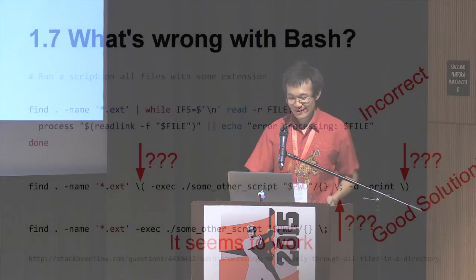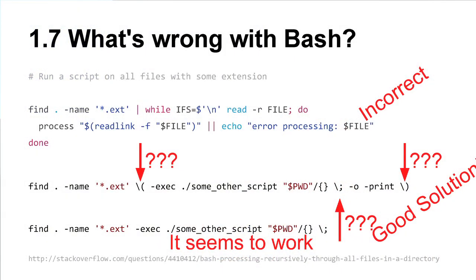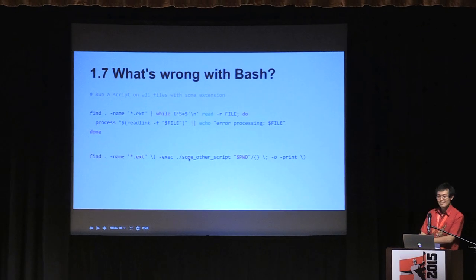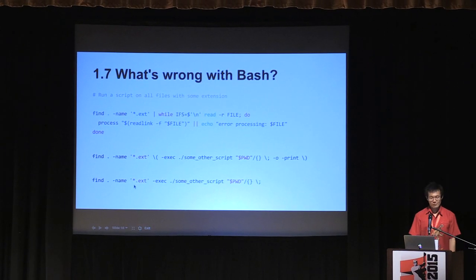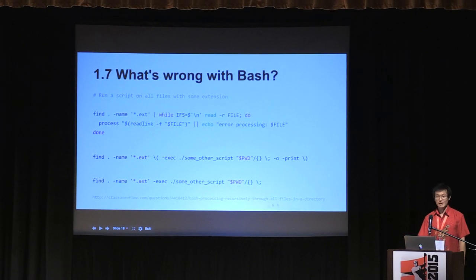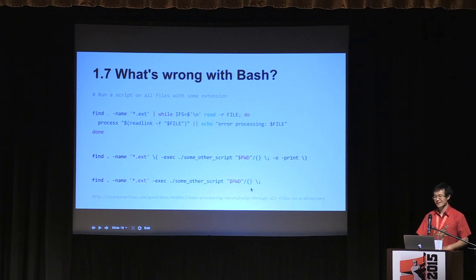If, for example, I want to run a script on all files with some extension, this is from Stack Overflow: one example solution, second example solution, maybe a third example solution. This is a URL if anyone wants to grab it. I'm not making this up.